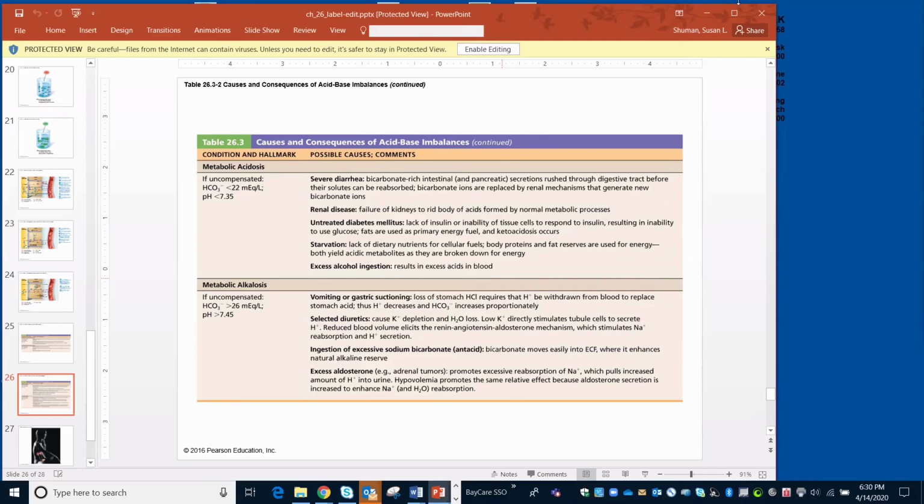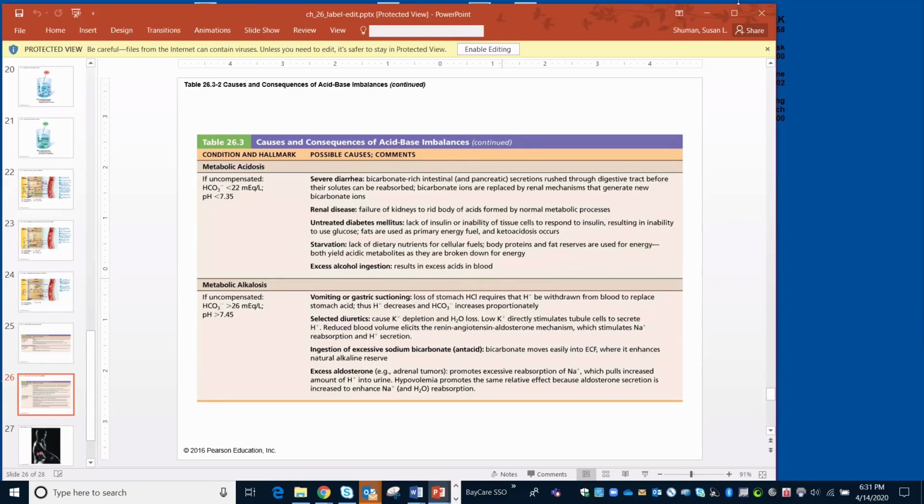Okay, so let's see. All right, I've got a pH of 7.35. High, low, or normal? Normal. Okay, normal, but what are we putting in parentheses? Acid. Okay, so 7.35.